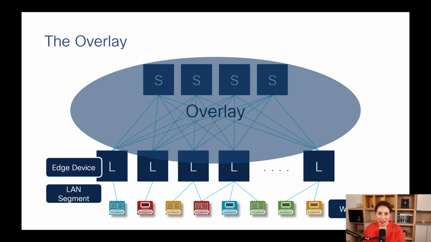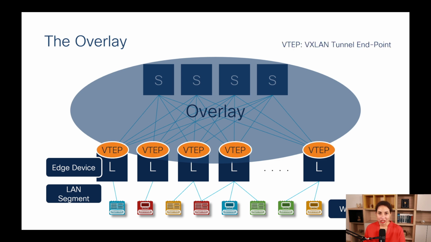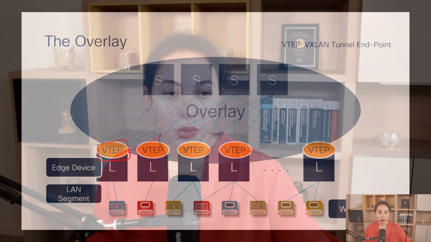So now I hope it all makes sense for the pieces of the puzzle fitting together. Let's continue with the terminology. What do we have inside each leaf? Actually, we have another thing that we introduced in the previous video, which is the VTEP, the VXLAN tunnel endpoint. The way I like to see it, the leaf has two personalities inside one box.